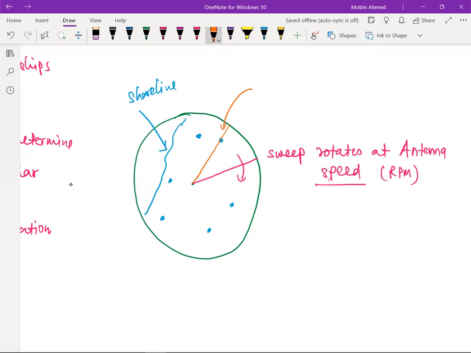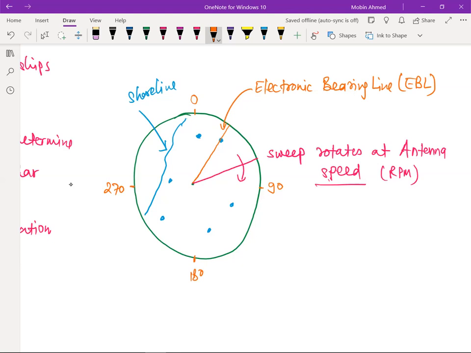This one is known as an electronic bearing line, or in short, an EBL. Here we are going to have 0 degree, this is the 90 degree, this side it is going to be 180 degree, and this side it will be marked 270 degree. So here we'll come to know where the electronic bearing line is.